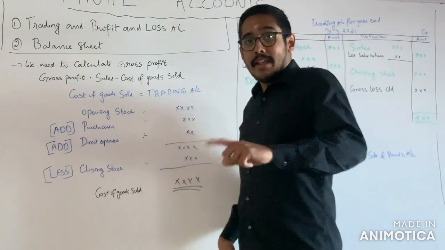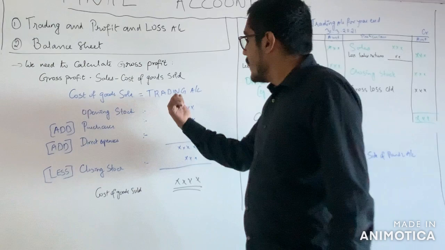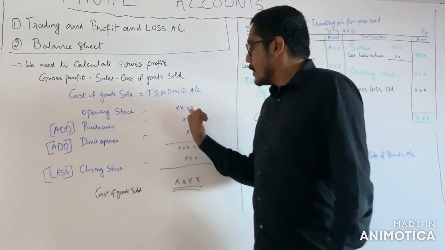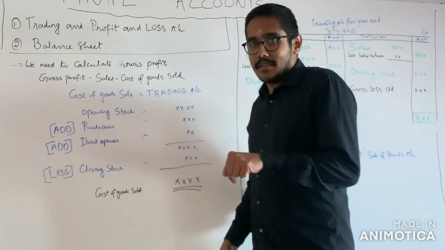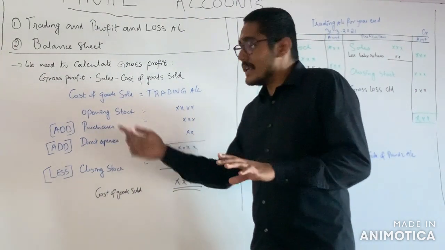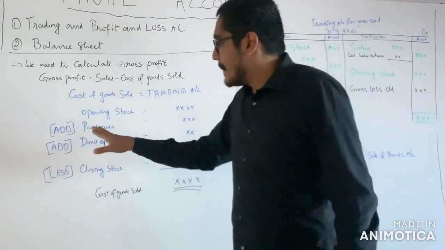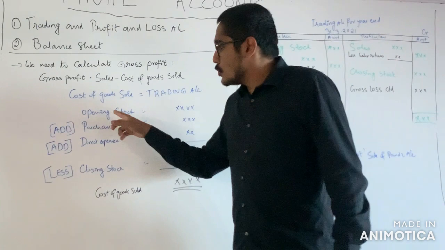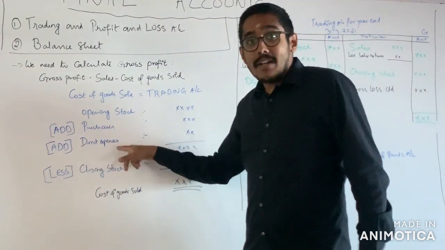Opening stock means the last month or the last year, whatever the stock may be, we'll be bringing it over here. So opening stock and purchases this month or this year. Add purchases, and this purchases means purchases minus purchase returns. Basically net purchases. So opening stock, add net purchases and all direct expense.